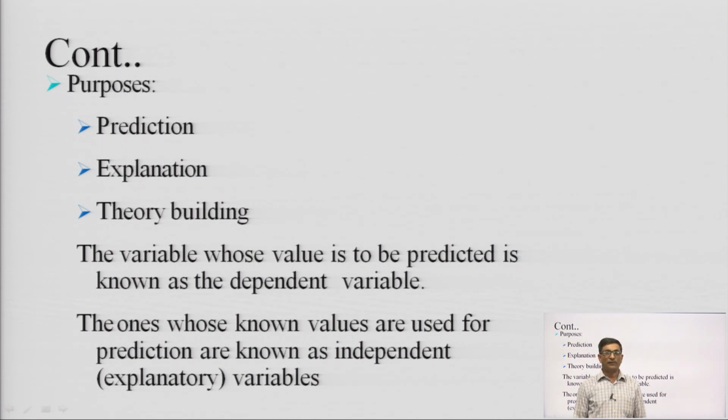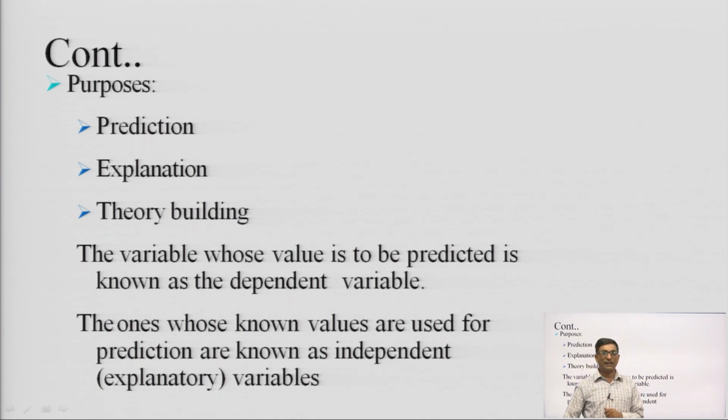That means we can explain how much change occurs in the dependent variable with the change in the independent variables. For example, how much change in the height of a person with the change in their age and his or her gender.